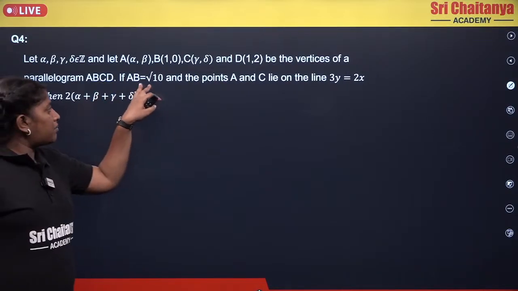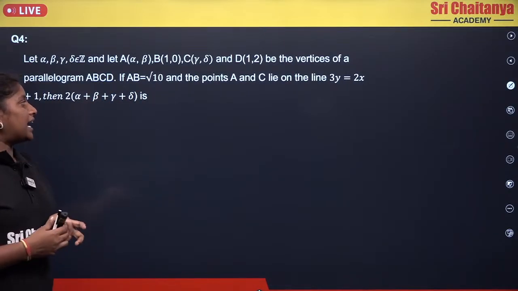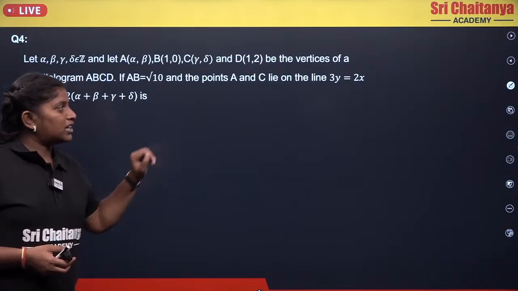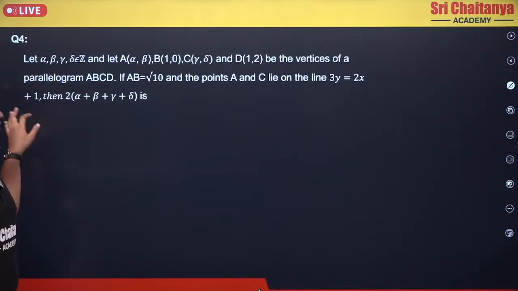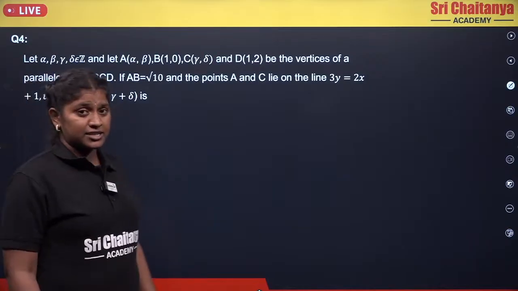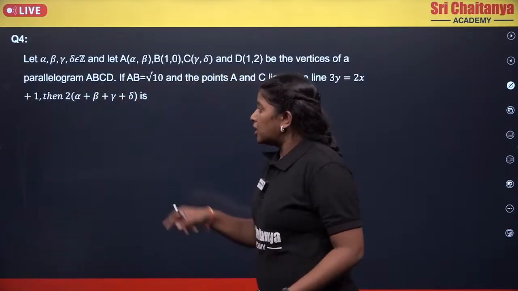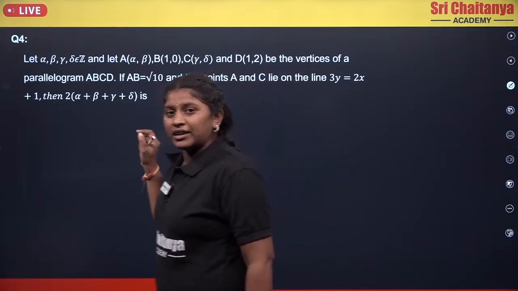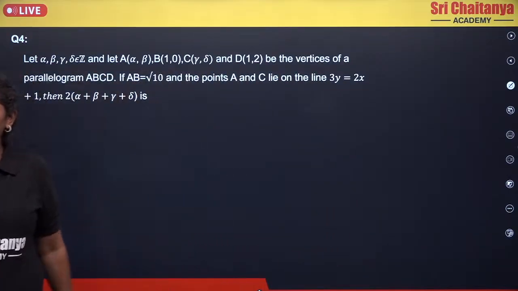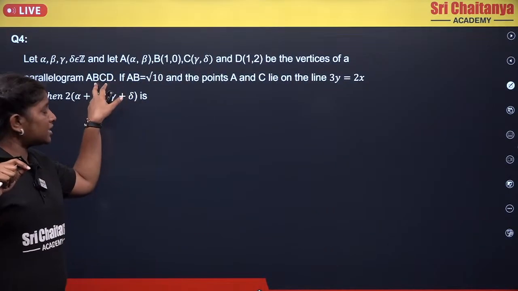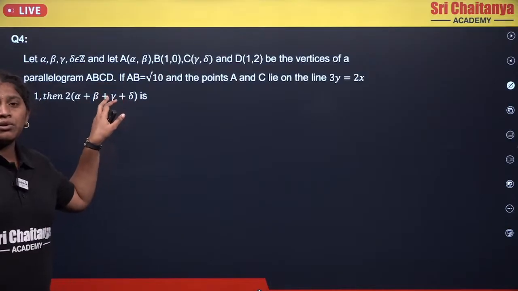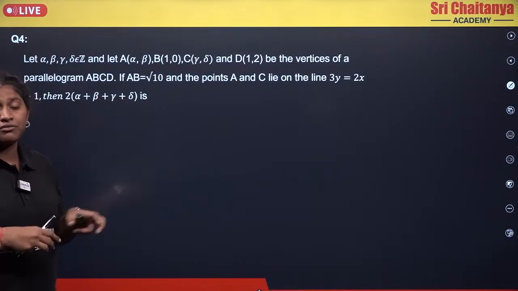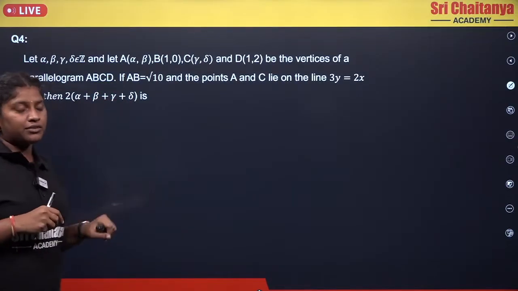If the side AB equals root 10 and the points A and C lie on the line 3y equals 2x plus 1, then we need to find the value of 2 times (alpha plus beta plus gamma plus delta). So any idea regarding this? Here they mentioned that ABCD is a parallelogram. So just try to remember the properties of the parallelogram, and from there we will get the required values.